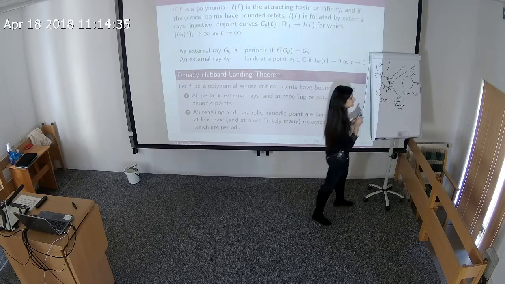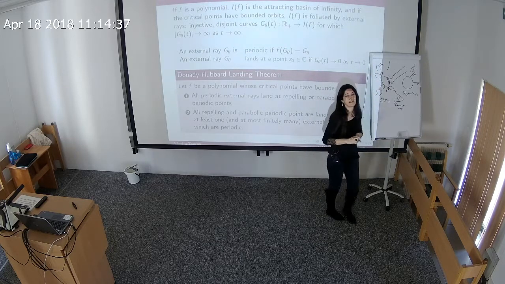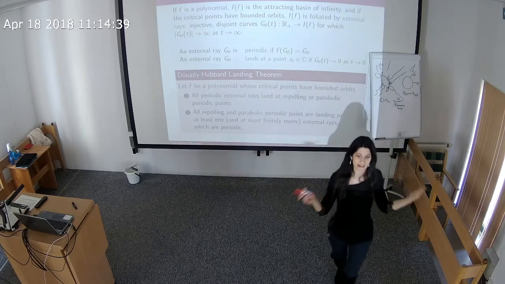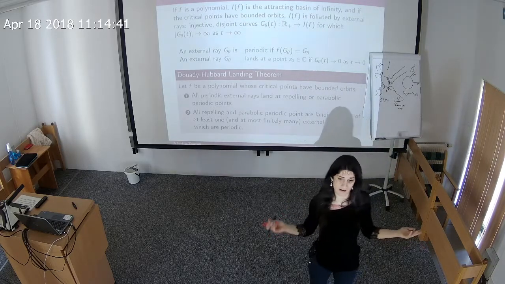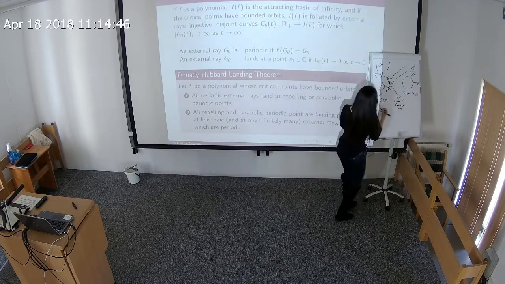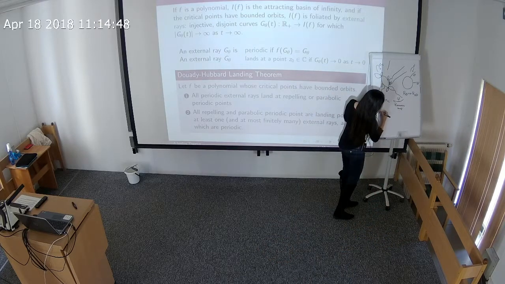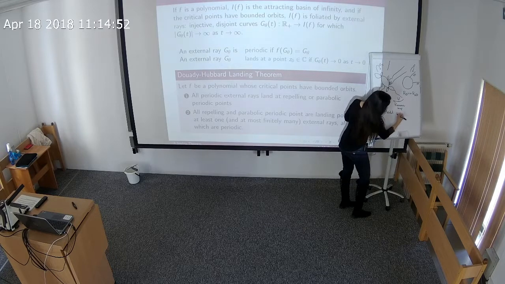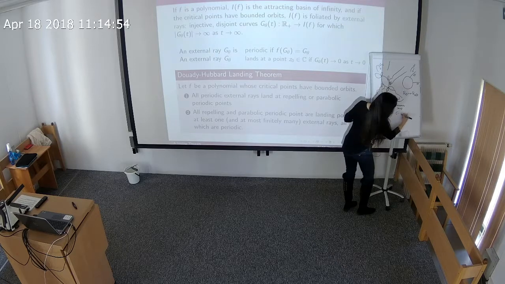And if you ask what is one of the archetypes of dynamical systems, it is the shift map on sequences. A model is the shift map sigma, which maps a sequence a0, a1, a2, and so on, to the sequence a1, a2, and so on, where you forget the first digit.